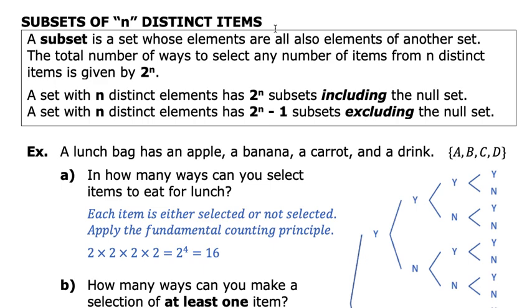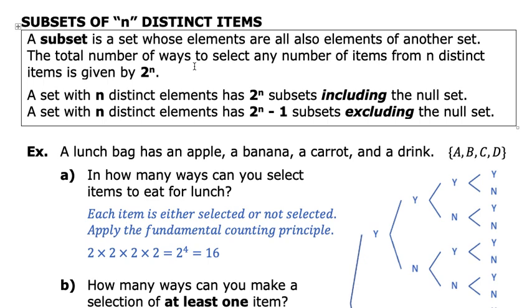Subsets of n distinct items. So what is a subset? A subset is a set whose elements are also elements of another set. So it's any selection of the available items like we did in our investigation. The total number of ways to select any number of items of n distinct items is given by 2 to the power n.